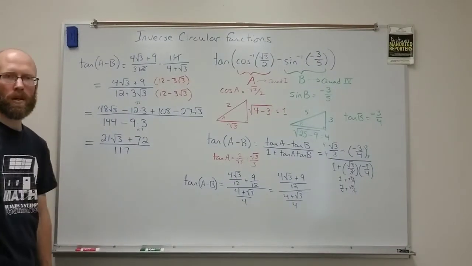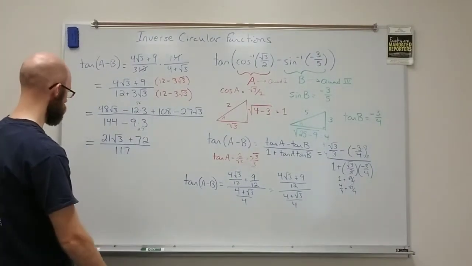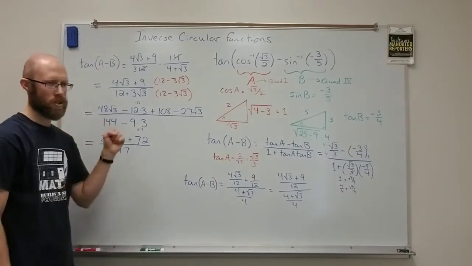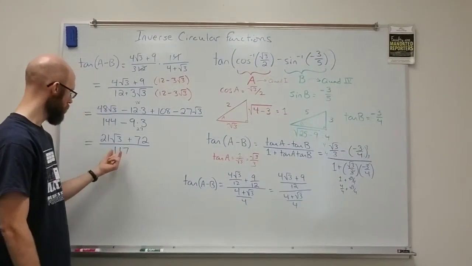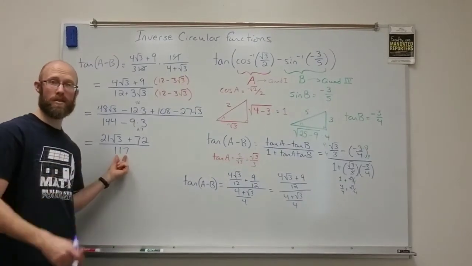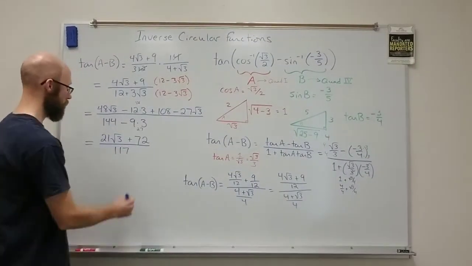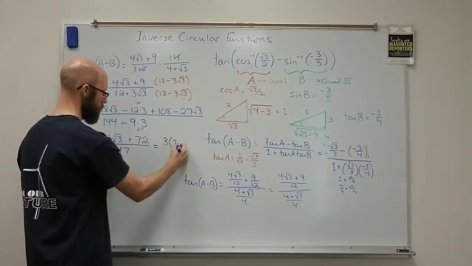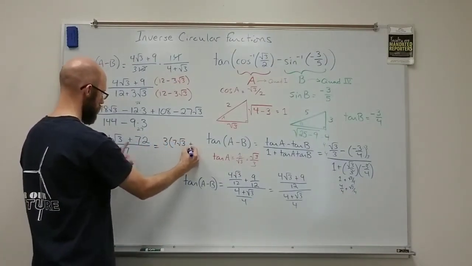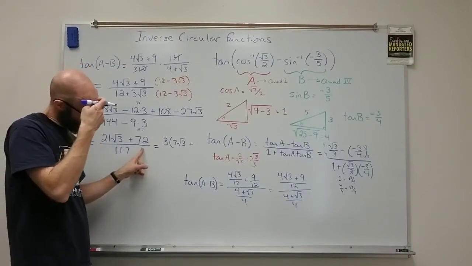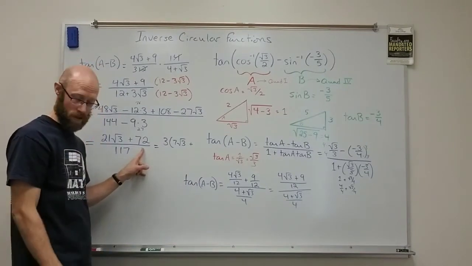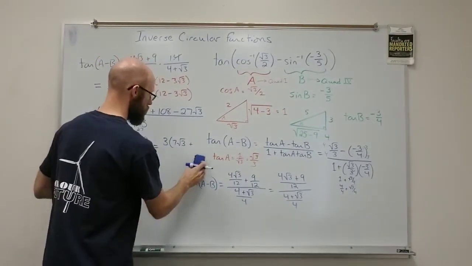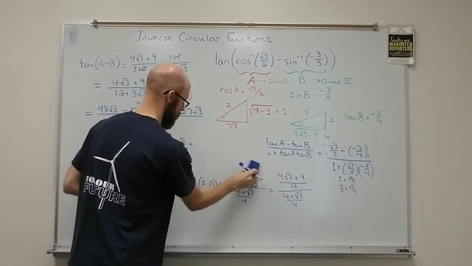Is there anything we can factor out and cancel? Yes. There's a common 3. 21 and 72 are both divisible by 3. 117 is also divisible by 3. So if I factor out a 3 from this numerator, I get 7√3 plus 72 divided by 3 is 24. Need more space again, my goodness.